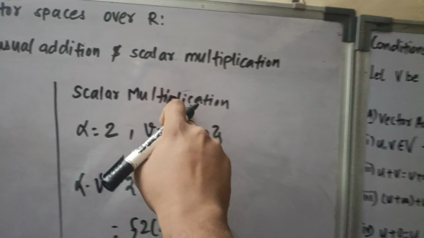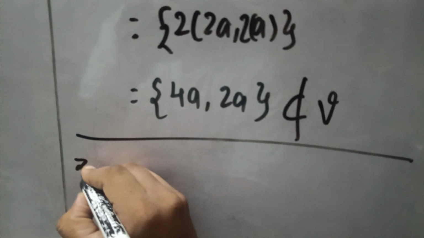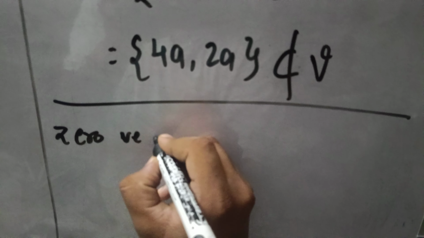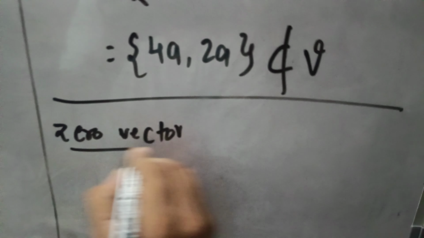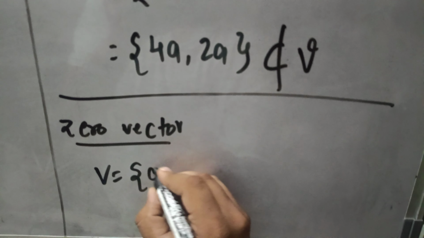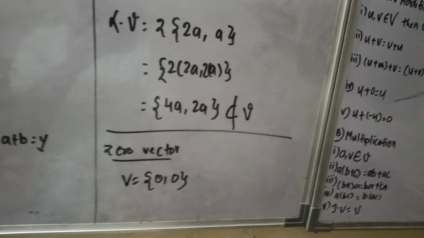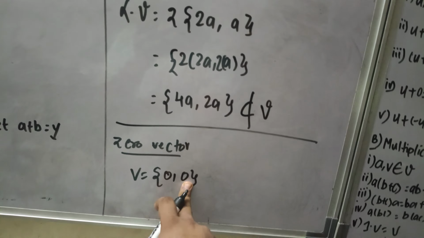So is the scalar multiplication satisfied? Yes. Okay, what about the zero vector? What will happen if we just take all the values of v as 0? Is this satisfied? Yes, absolutely. You can say that this is twice of this.